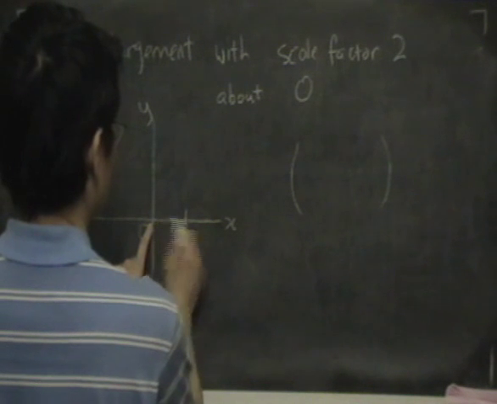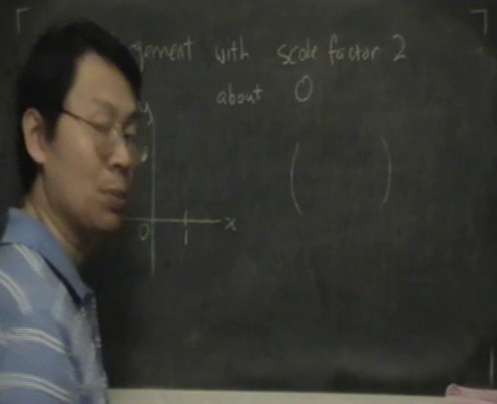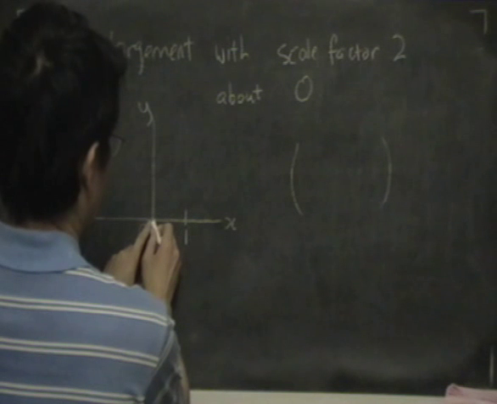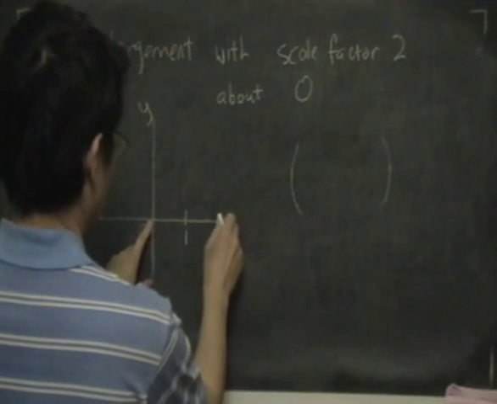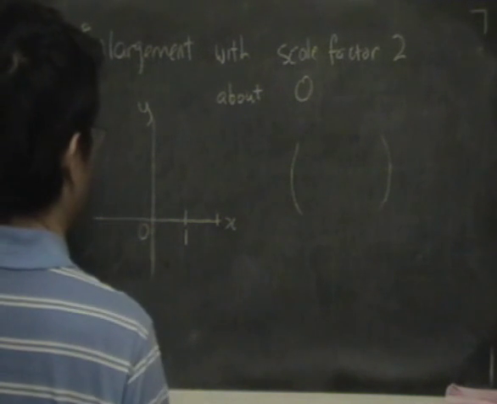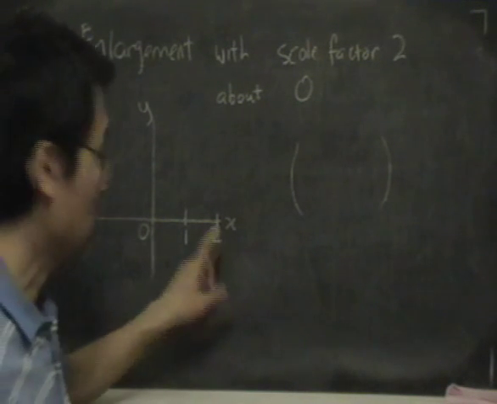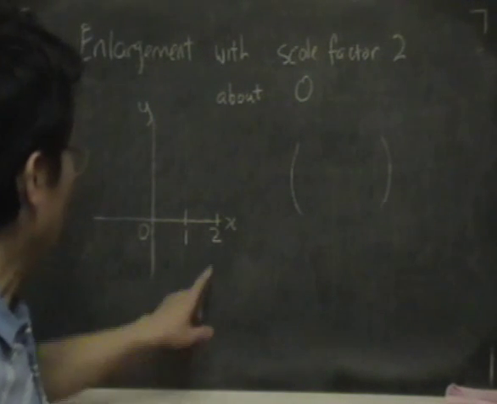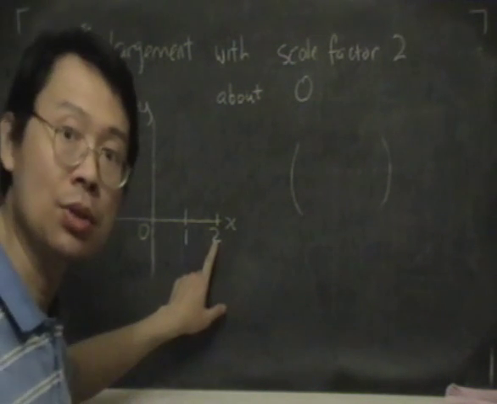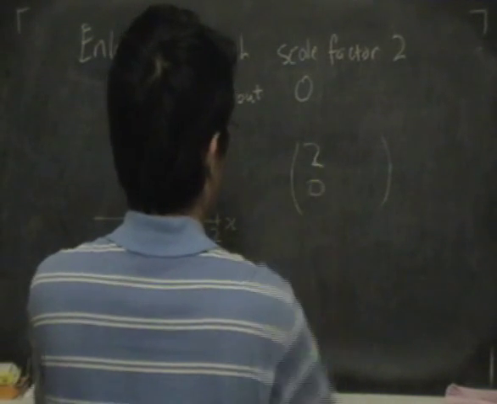So this distance here is 1. Multiplying 1 by 2 gives me 2. So that would take me to a point which is at a distance of 2 from the origin. That's the image. So the image is at the position 2, 0, and that gives me the first column.